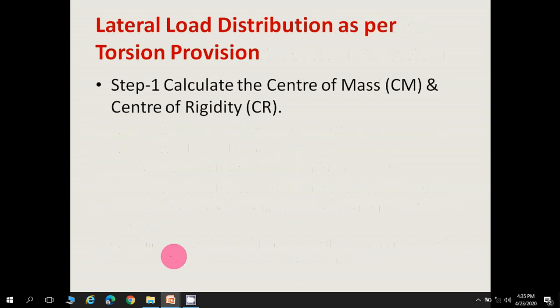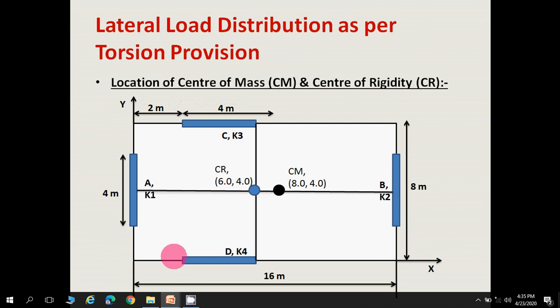In step 1 we have to locate the center of mass and center of rigidity, which I have already discussed in the previous lecture. This is the example I took earlier, where the center of mass and center of rigidity of the floor plan are to be found out.